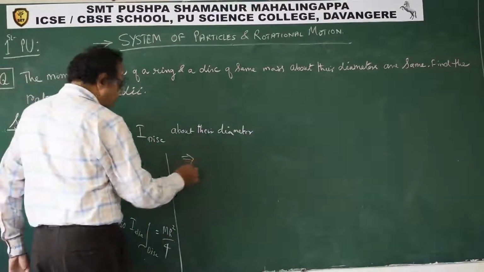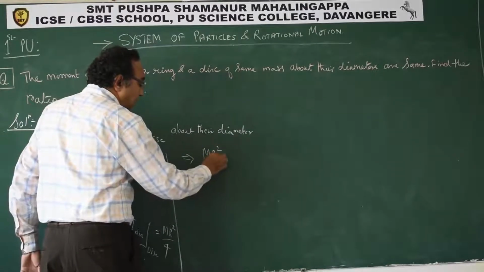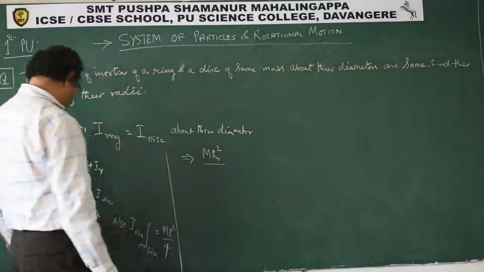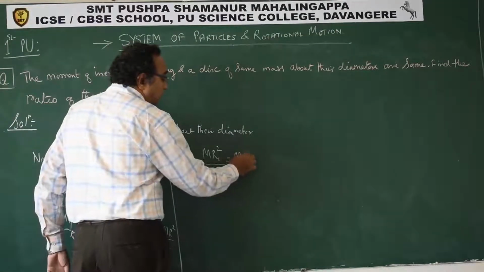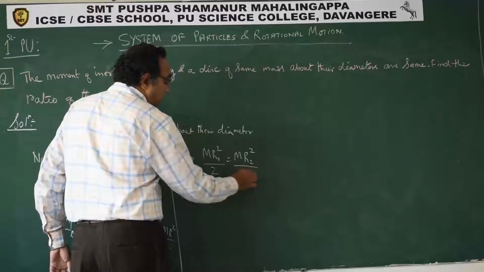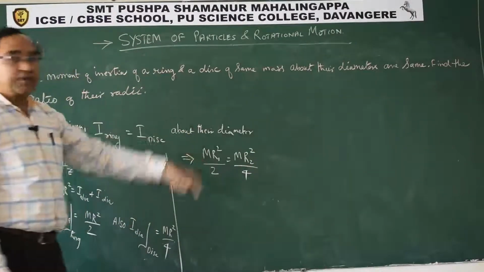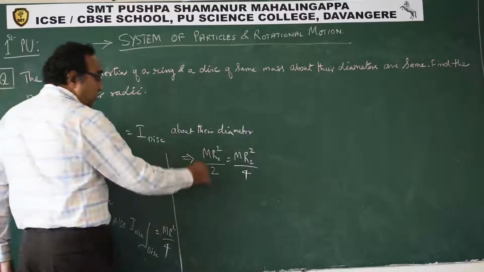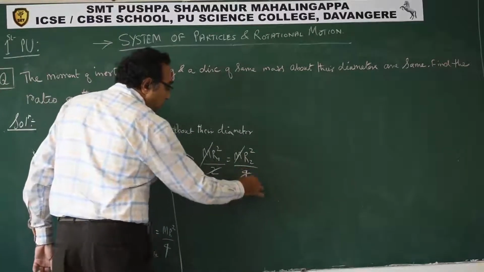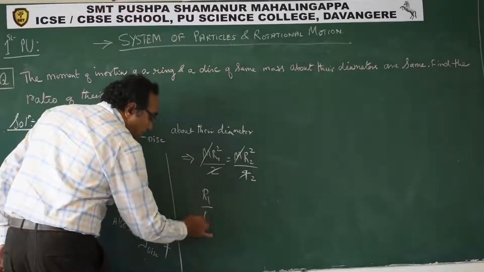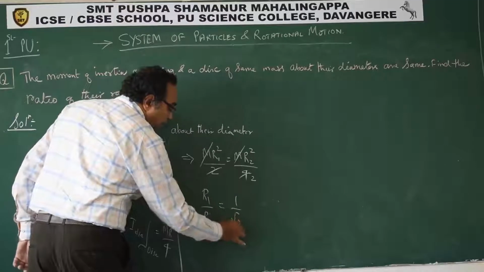Since mass is same, mr1 square by 2 is equal to mr2 square by 4. Mass is same, we have taken radius as r1 and r2. So m cancels here and here this also cancels. So what we can say, r1 by r2 is nothing but 1 by root 2.